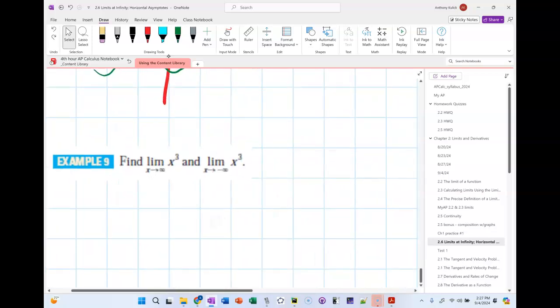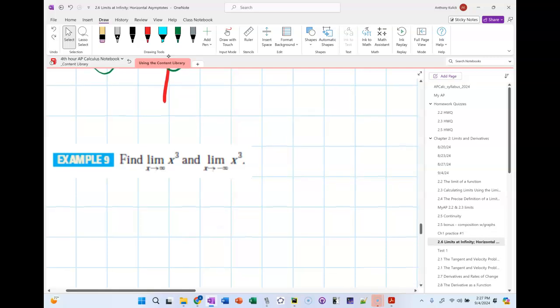All right. How about the limit as x approaches infinity of x cubed? What's the graph of x cubed look like? What's the end behavior? Yep. That just goes to positive infinity, right? What's the other end going to?